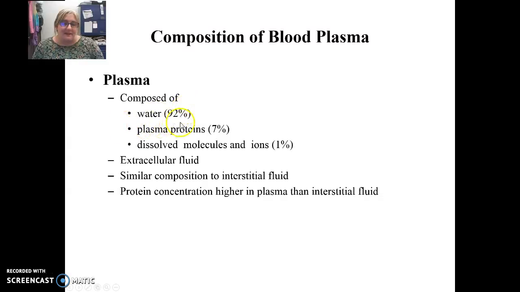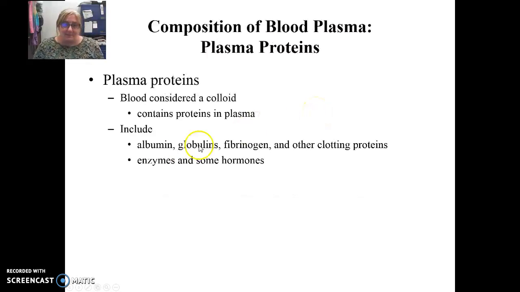Blood plasma, I mentioned this, is composed mainly of water, but there are dissolved proteins and other molecules. The plasma is your fluid matrix. It's your extracellular fluid, and it's very similar in composition to interstitial fluid, but it typically has a higher concentration of proteins than interstitial fluid has, which is important because that way we can pull fluids back in.